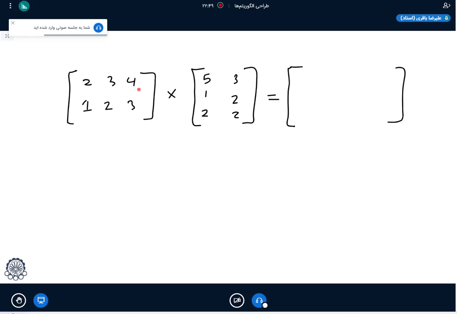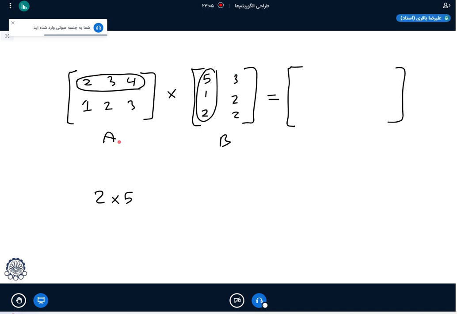For computing the result of this multiplication, we multiply the first row of A to the first column of B one by one.